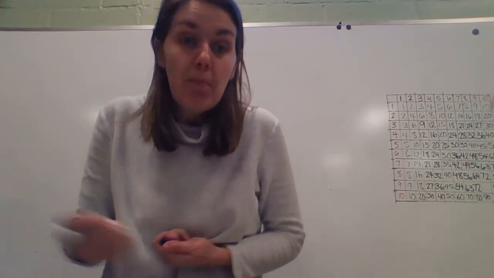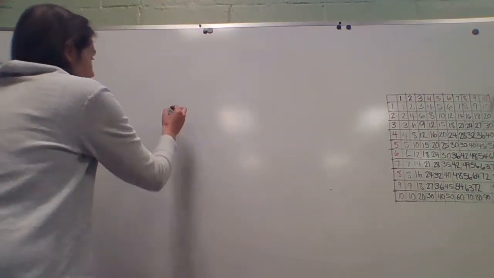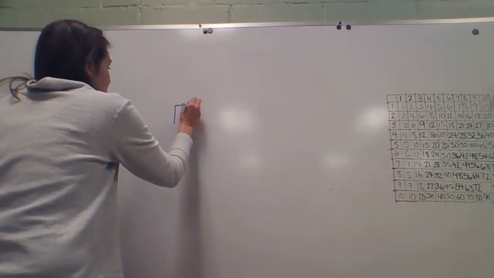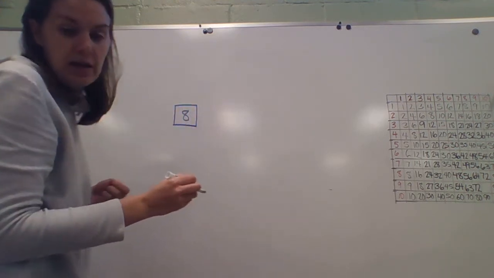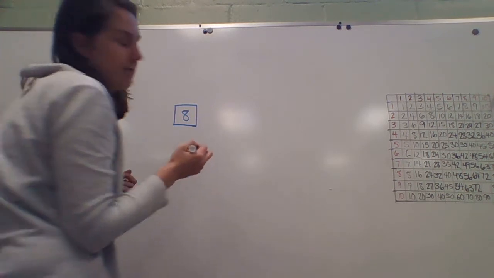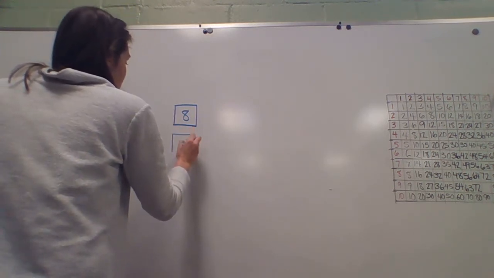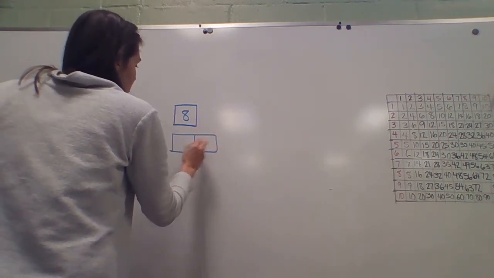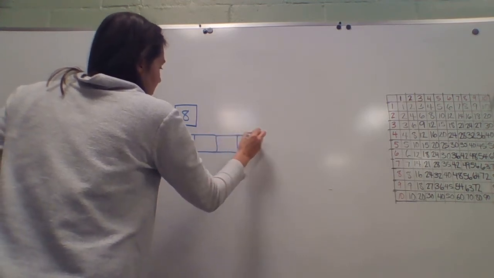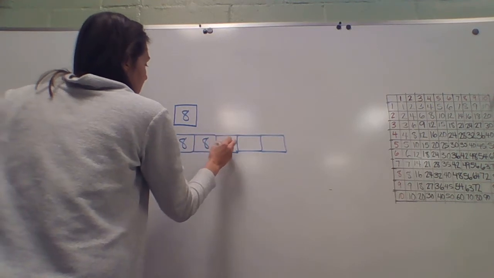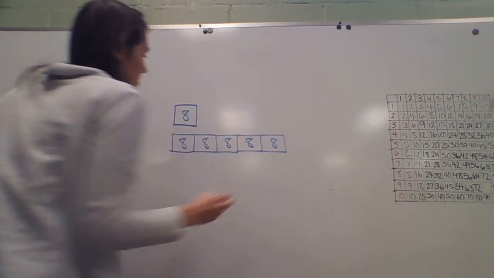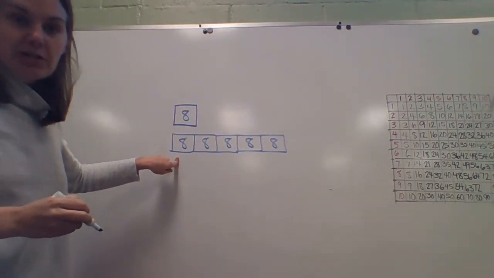So if we were using a bar model, we know that Janelle's Market sells oranges in bags of 8, but Simone needs 5 times that amount. So we'd have 1, 2, 3, 4, 5, each of those 5 bags with 8 oranges in it, right?